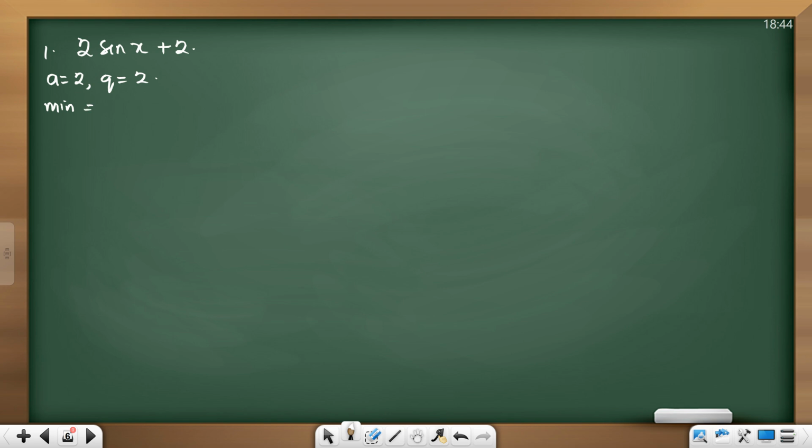We said A times -1 plus 2. This one is plus 2, right? What's your answer? 0. What's the maximum? A times +1 plus 2. So what's our range? 0 less than or equal to y less than or equal to 4. Tell me we're okay?